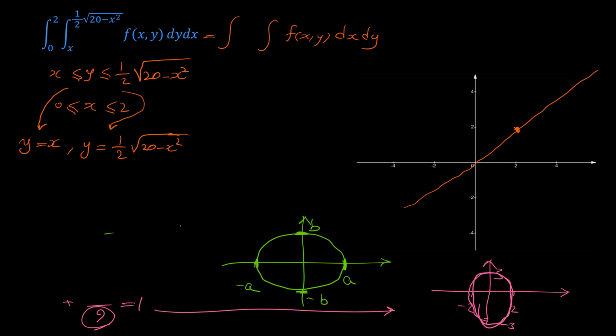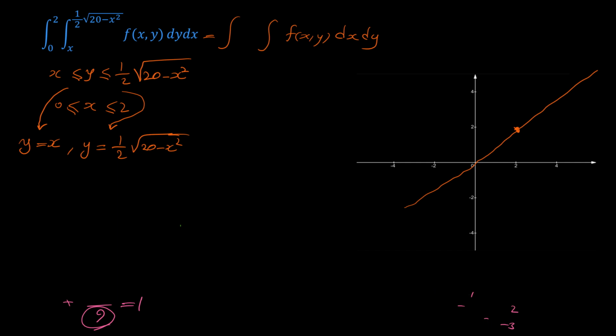Now that we remembered the equation of an ellipse in general, let's see what we have here. To graph y equals 1/2 radical 20 minus x to the 2, if we raise both sides of this equation to the power of 2, we have y to the 2 equals 1/4 times 20 minus x to the 2. If we multiply both sides by 4, we have 4y to the 2 is 20 minus x to the power of 2.